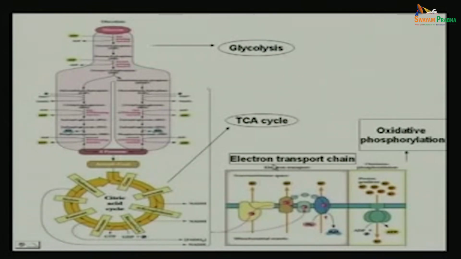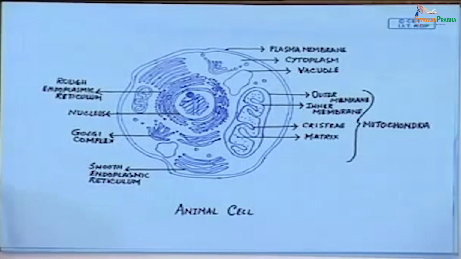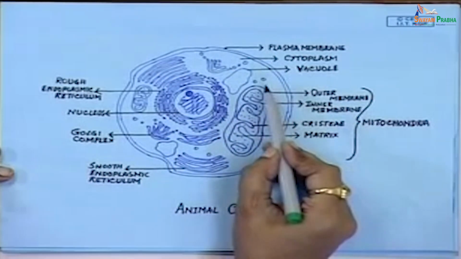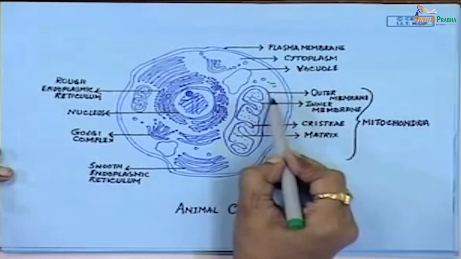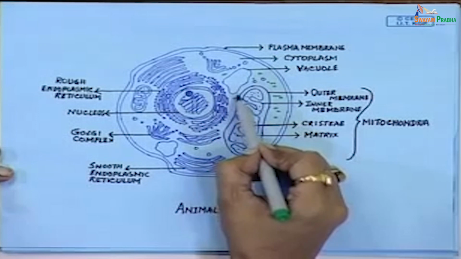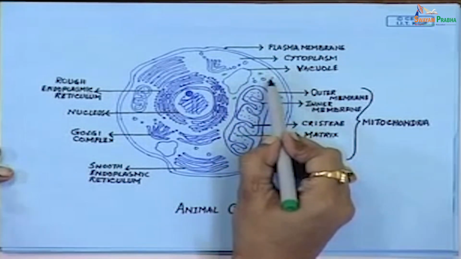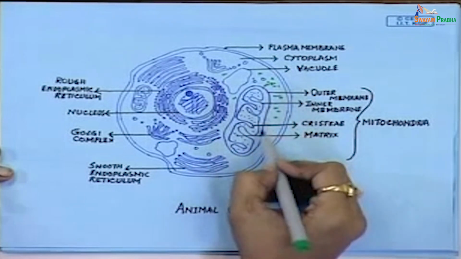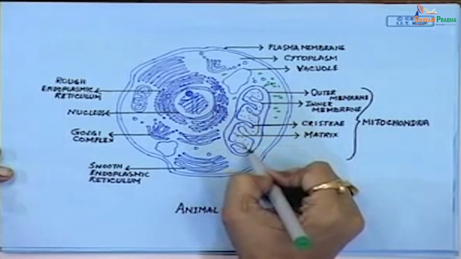Now, if we see the total cell, suppose this is the intact cell, glycolysis is taking place in the cytoplasmic fluid of the cell. As soon as pyruvate is produced, it enters the mitochondria. This is the mitochondria of the cell.